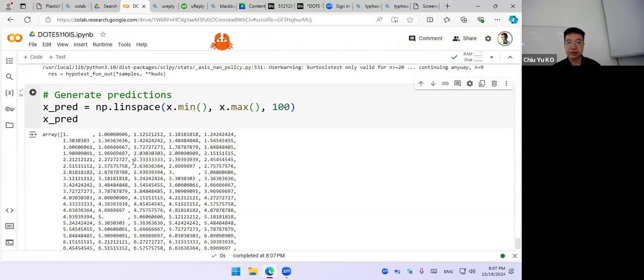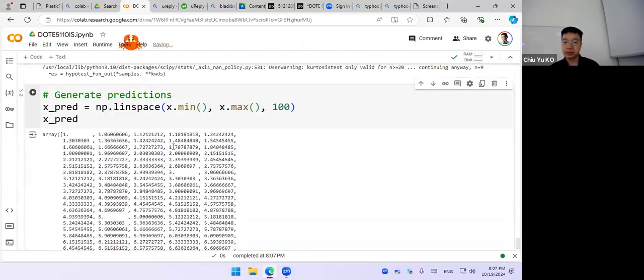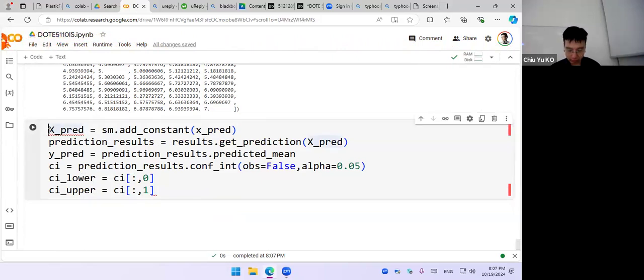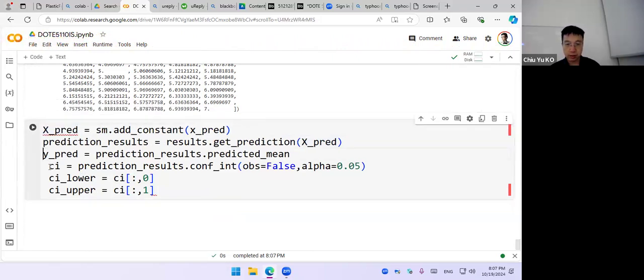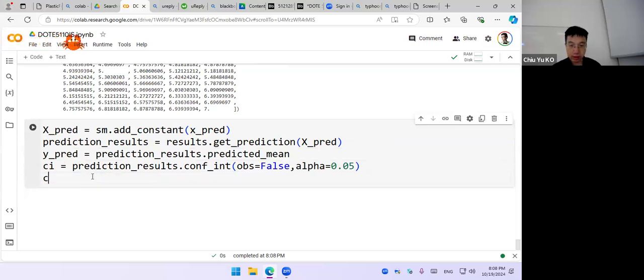You basically divide them into 100 data points there. Then this one will add a 1 there, and then you predict. Let me stop here because I want to show you what it is first.